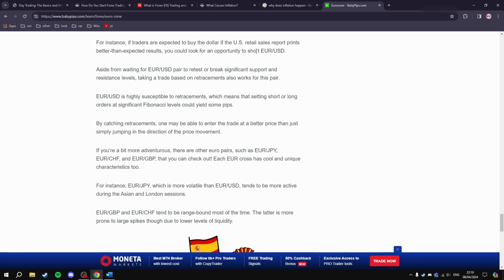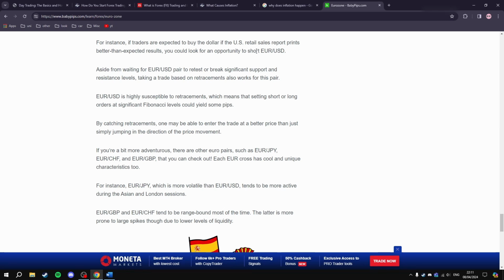So if you're hoping that the US dollar is going to increase in value, you would short this trade, aka you would sell US dollars to buy euros.